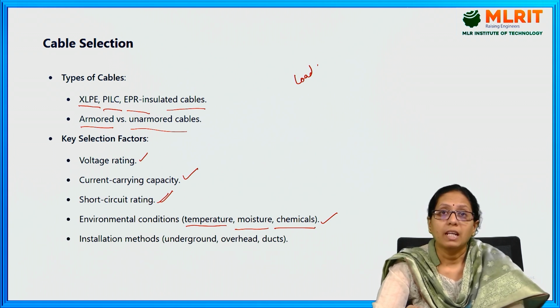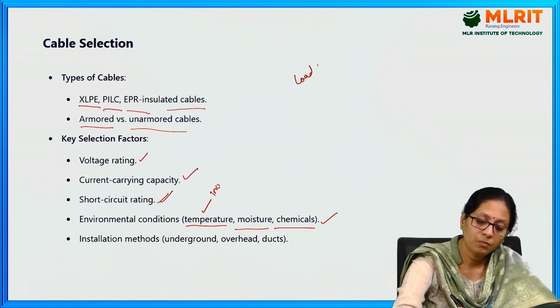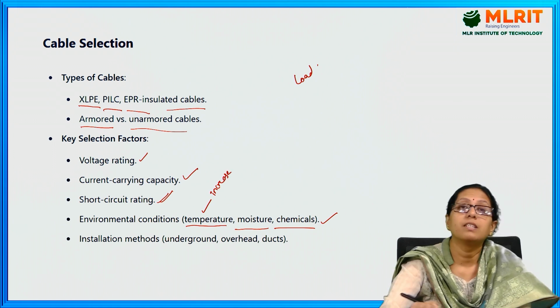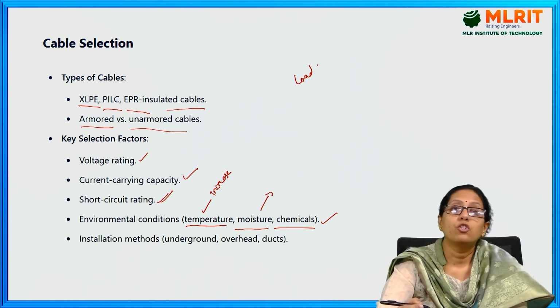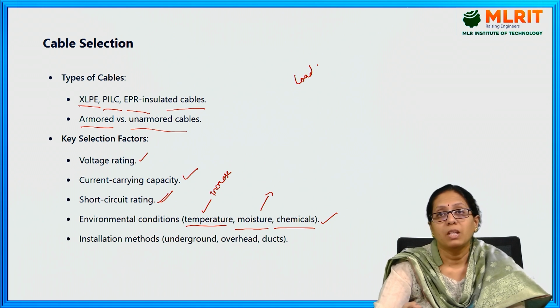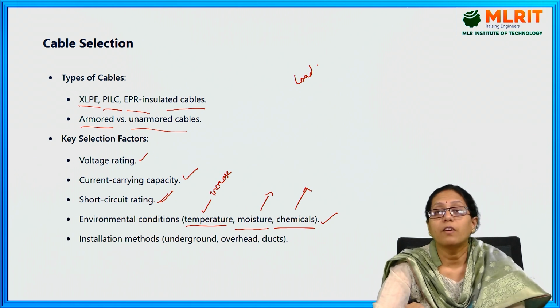So the cable should be able to bear the increase in temperature, it should be able to bear moisture, it should be protected from moisture during the rainy season, and it should be protected from different types of chemicals also.